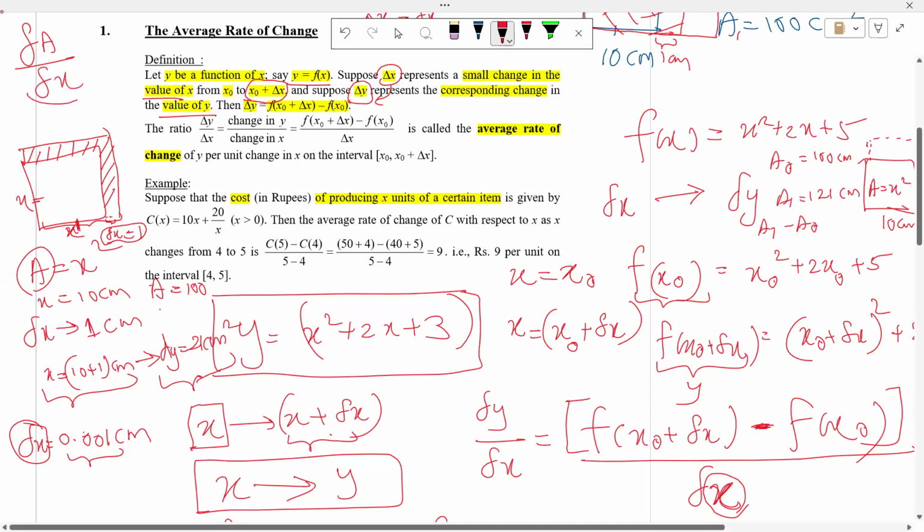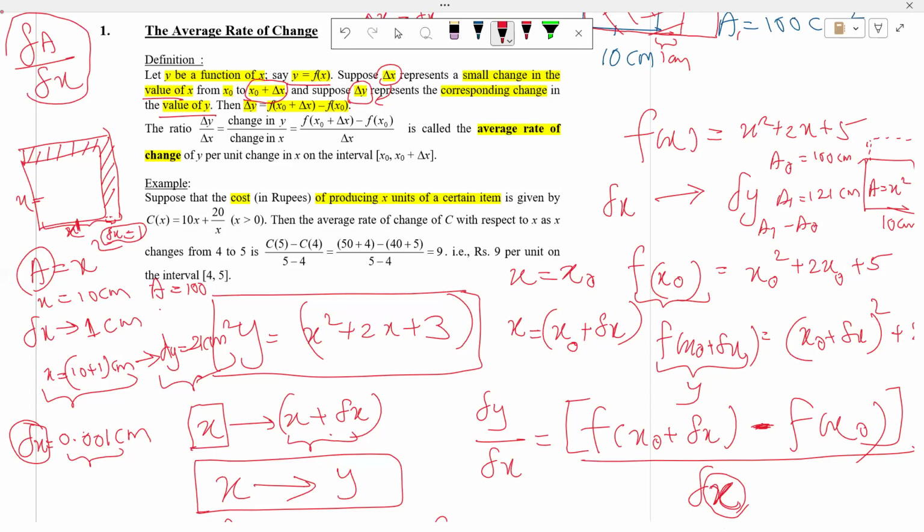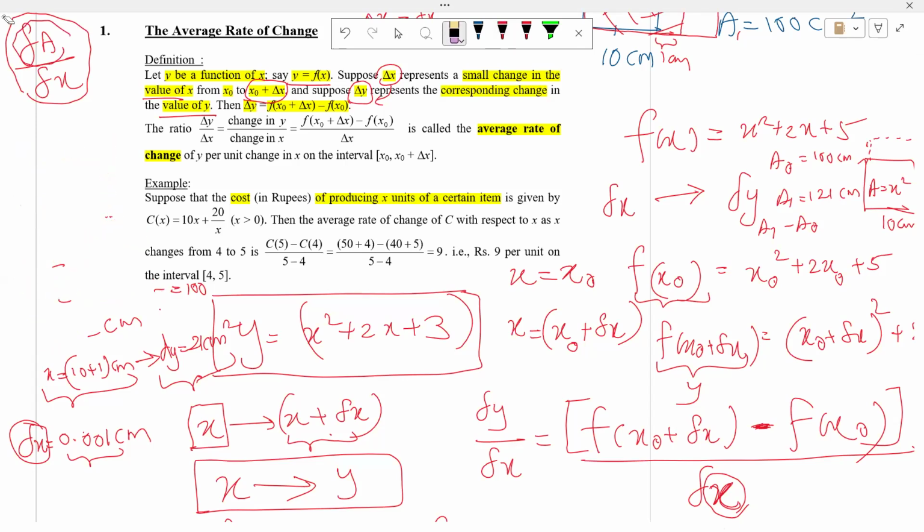Now we will look at one example, then you can easily understand what is rate of change.